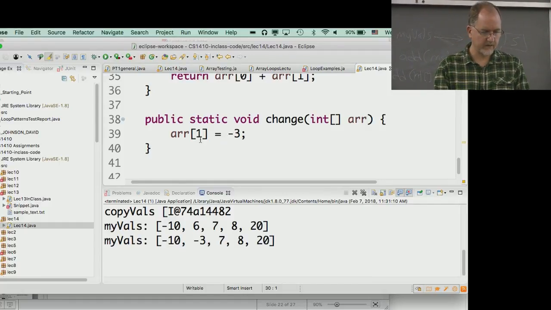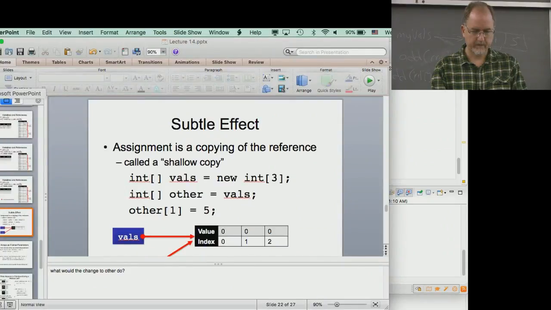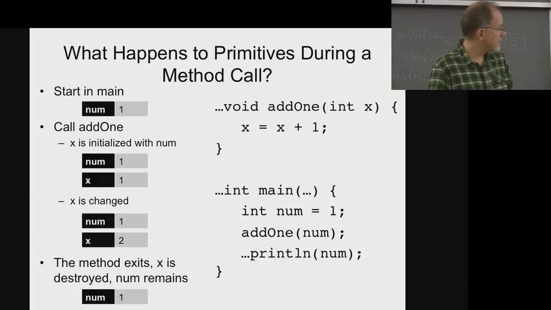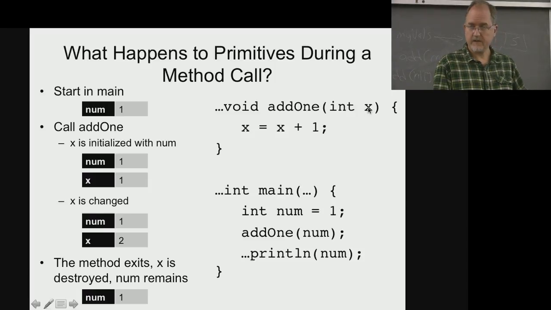Now that's different from what we're used to. So normally, if we call a method and pass an argument to it, and it has a parameter to accept that argument, then we start running, we make a num that has a value of 1. We call add 1 with num, and the value 1 gets passed to this parameter, x, and the value is passed to it, right?